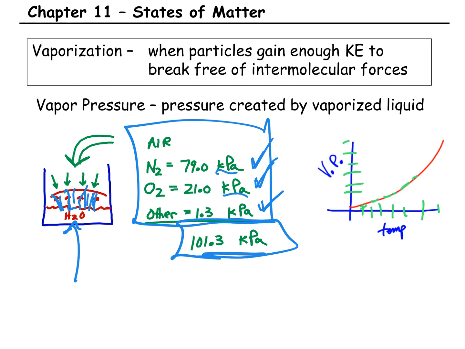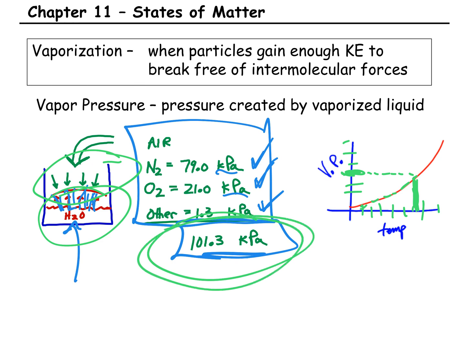Eventually, at some point, this vapor pressure will equal the atmospheric pressure above it, and that is the temperature at which water is going to boil. If the atmospheric pressure changes, and it does because of variations in weather and altitude, that's going to have an impact on the temperature at which water boils. That will be the next thing that we talk about.